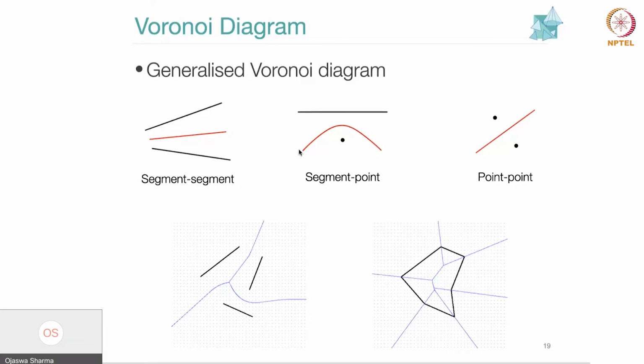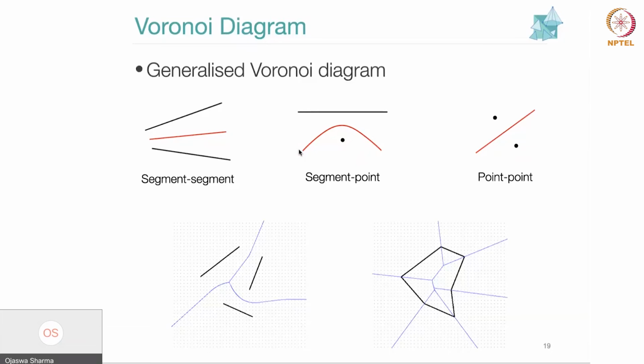You guys remember the directrix? A parabola is defined as a locus such that the distance from the focus and the perpendicular distance to the directrix are the same. So essentially, in layman language, this parabola is a bisector between a segment and an endpoint.